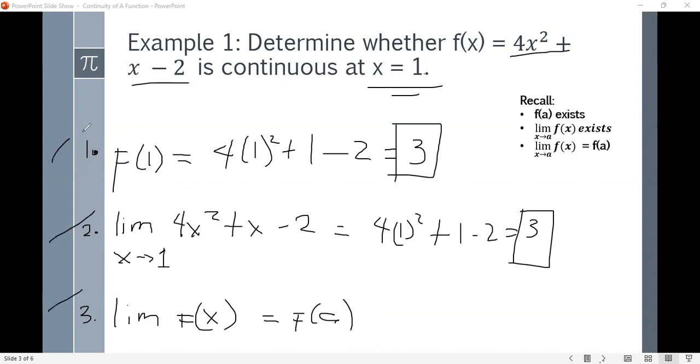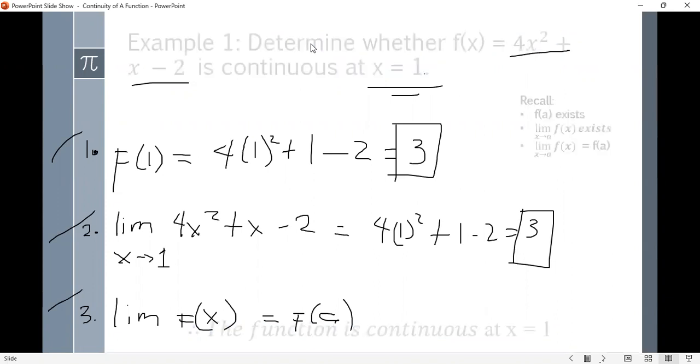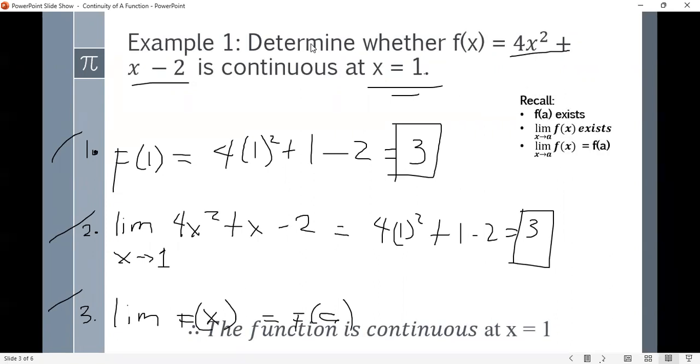So, verified. Those three conditions are verified. So the answer will be, the function is continuous at x is equals to 1. Ngayon, paano po siya kapag nakagraph? Or paano siya kapag ginagraph natin? So, play ko lang po yung drawing natin.